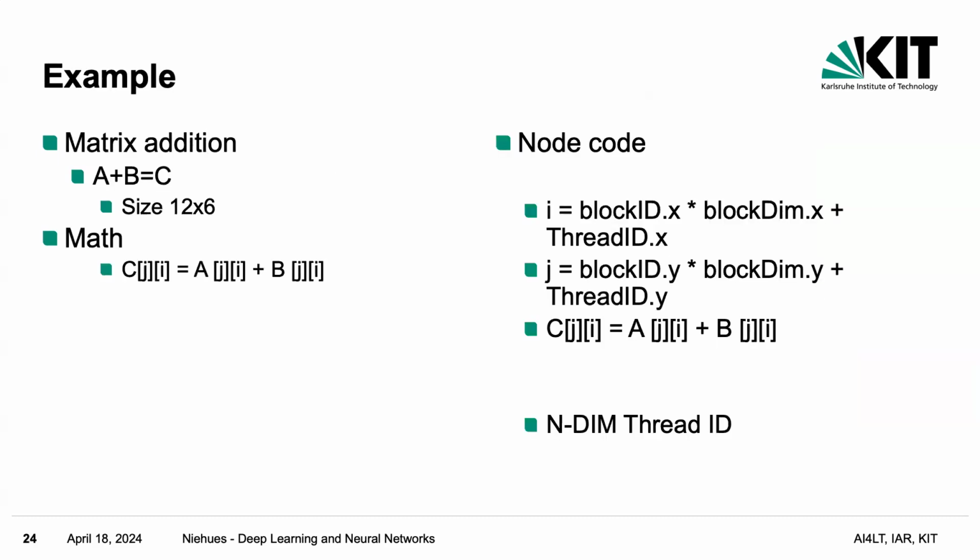Given that, you typically don't get a single thread ID, but a thread ID which is only within your block, and you get a block ID. But based on both of them, you can easily calculate the index you're working on, and then you can do your calculation. So this is all the code that you have to do for a node.